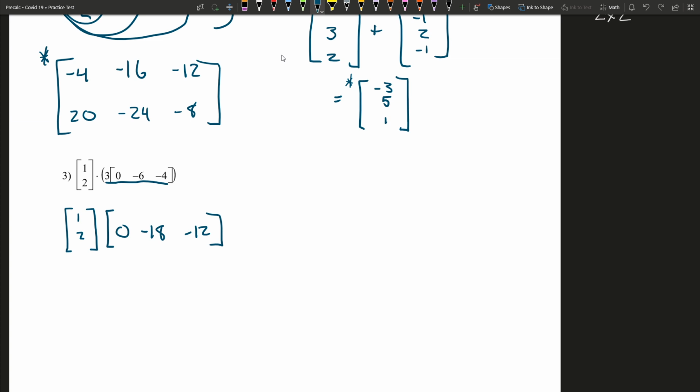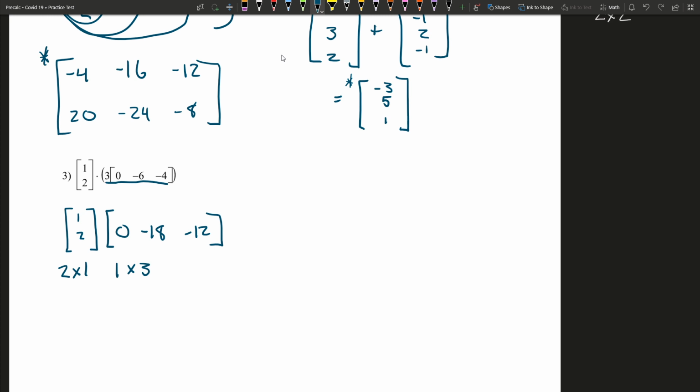And then we have these two matrices being multiplied together. And then in order to do matrices, the first thing we need is to get the dimensions of each. So this first matrix, this is a 2-row by 1-column matrix. The second matrix, this is a 1-row by 3-column matrix.